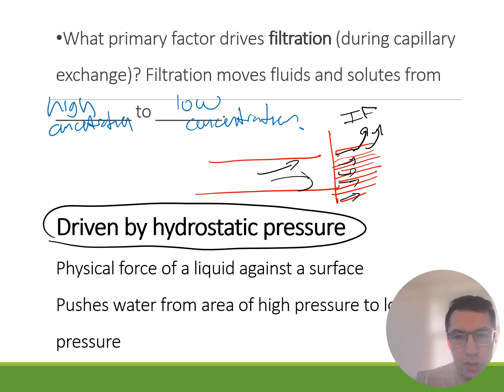Remember that in order to get those solutes into the cells, we have tissue cells over here. The solutes go into the interstitial fluid, and from the interstitial fluid get into the cell for the nutrients.